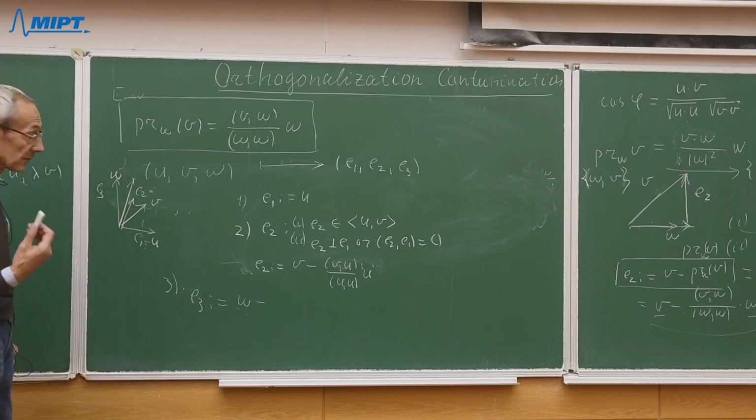And this projection we can define as the sum of the projection on the vector e1 and the projection on the vector e2.